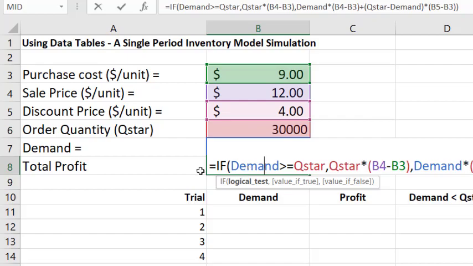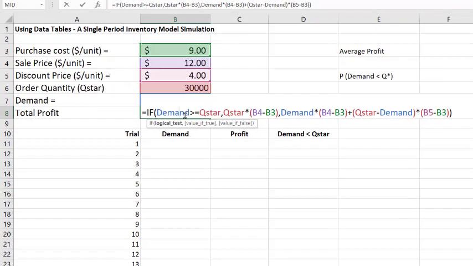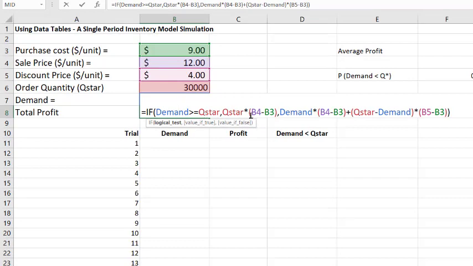The equation for the profit is going to depend on whether the demand is greater than the order quantity or less than the order quantity. If demand is greater than order quantity, the profit is Q star, which is the order quantity, multiplied by the profit per unit, which is B4 minus B3, sale price minus purchase price.